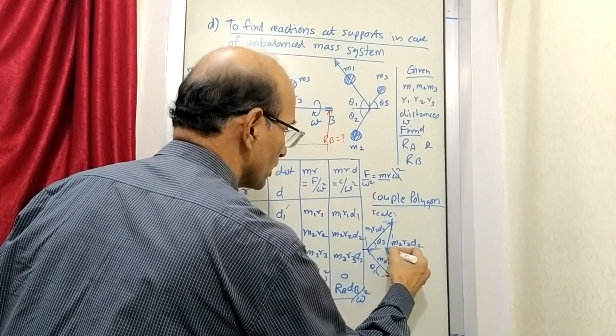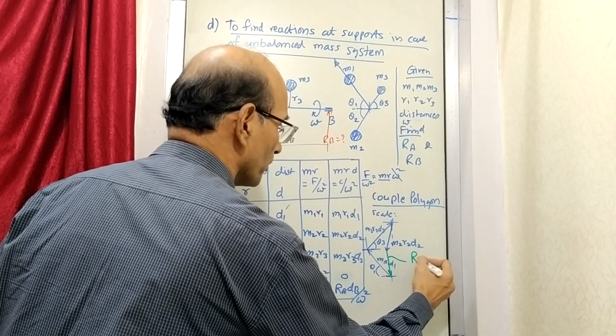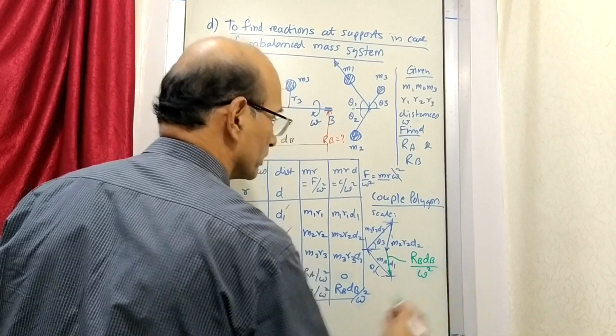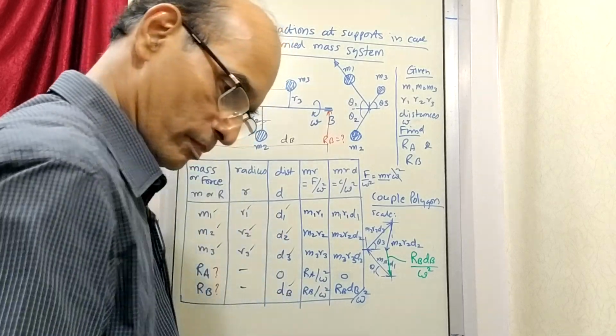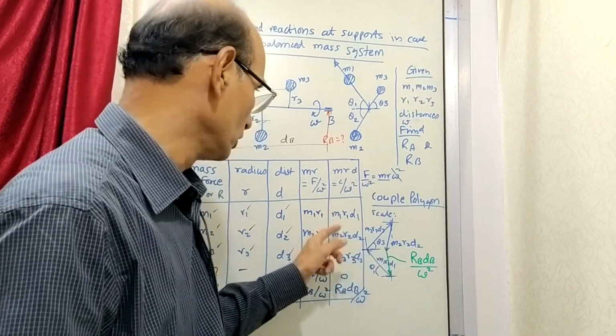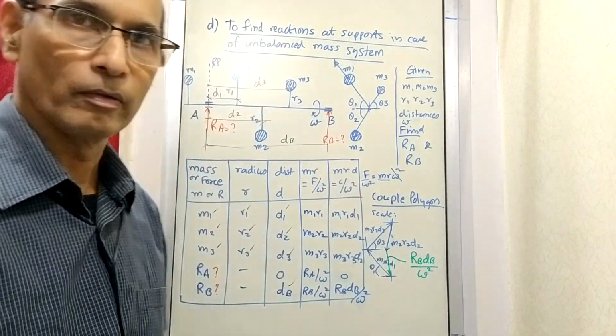I'll draw this vector maybe something like this. This is the RB DB upon omega square vector, which has closed the polygon. So now these four vectors 1, 2, 3, 4 have closed the polygon.